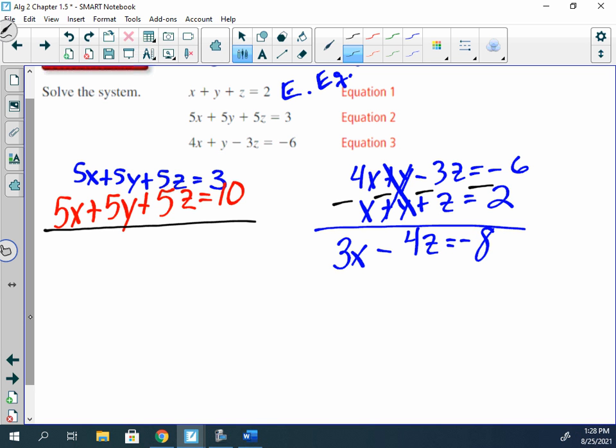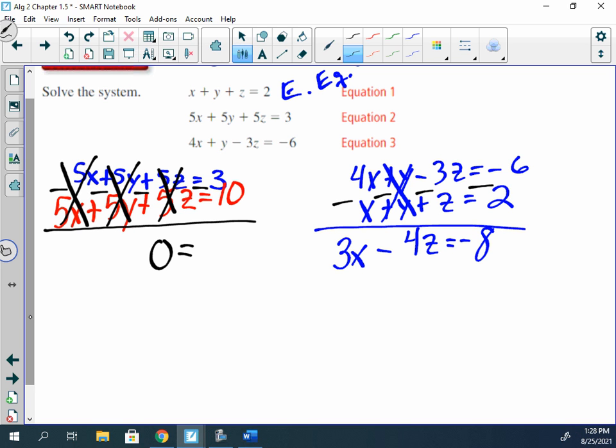So we would subtract. Since the signs are the same, we're going to subtract. Oh, wait a minute. 5x minus 5x. 5y minus 5y. 5z minus 5z. So we did this for nothing.